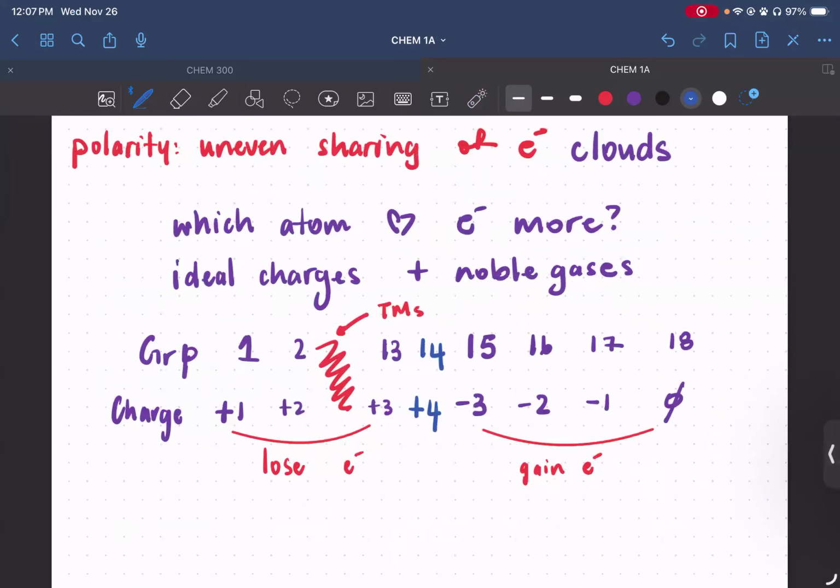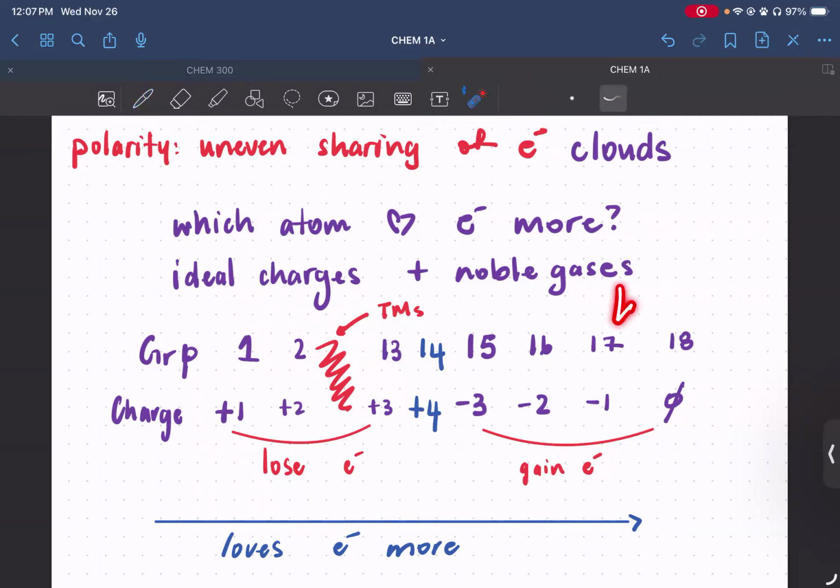So when we talk about loving electrons, we think about it from left to right, as they love electrons more and more. In other words, group 17 loves electrons the most.